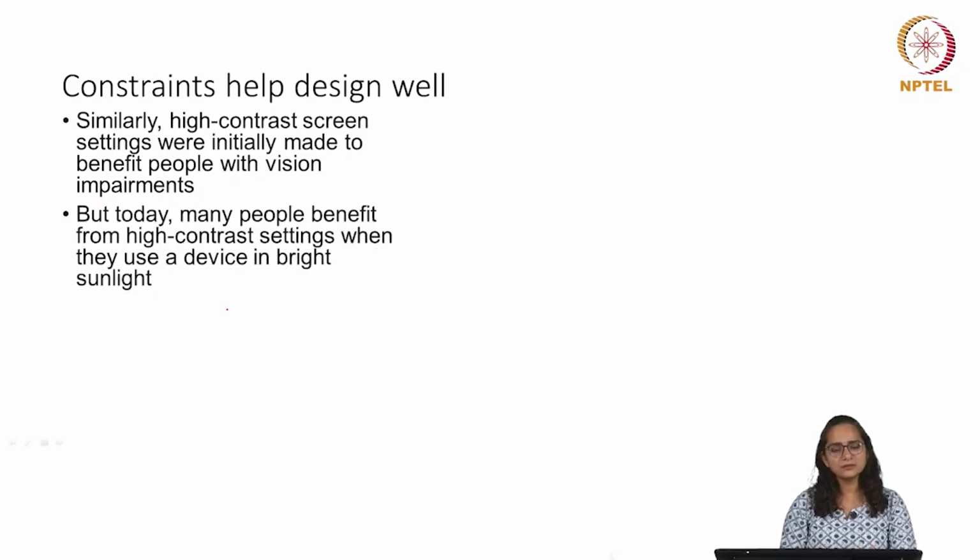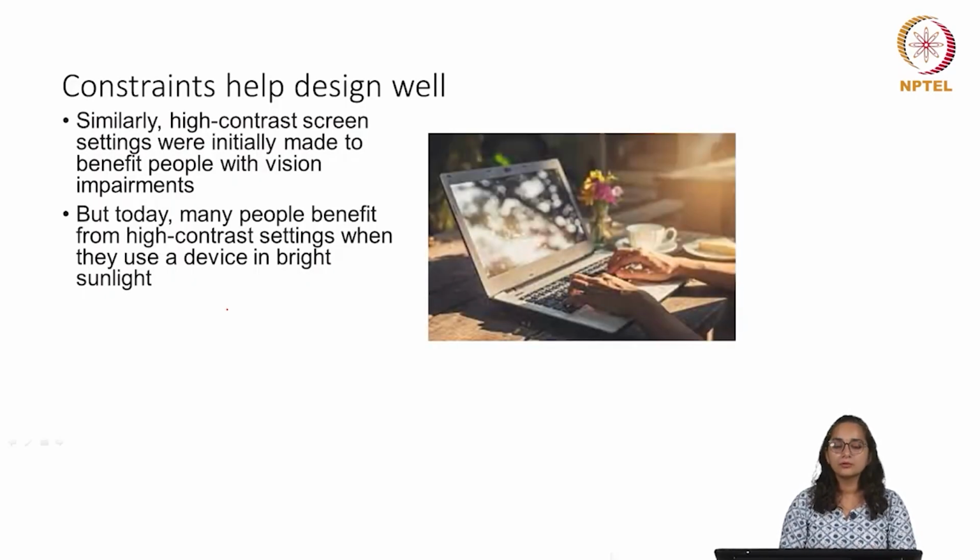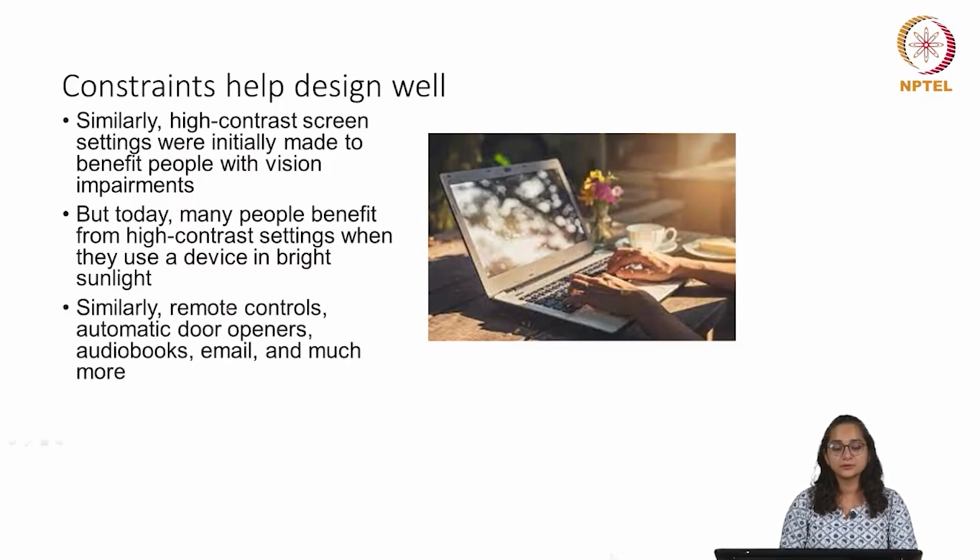There are many such examples. For example, high contrast screens were initially made to benefit people with vision impairment, but today we cannot imagine our laptops without high contrast settings because we may want to sit outside and work.